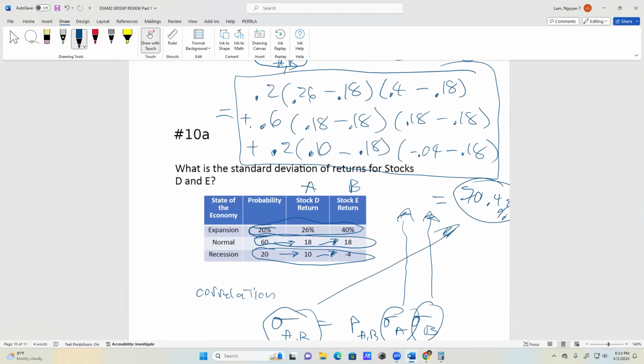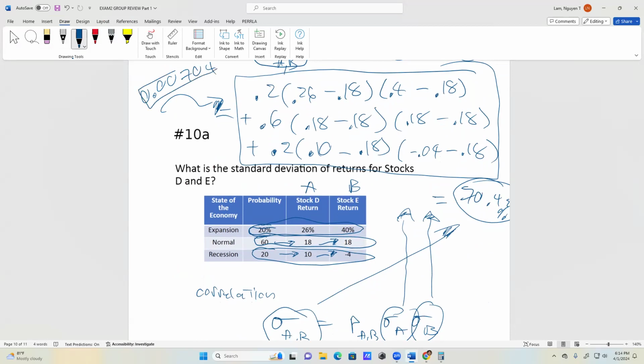If the problem asks you to find the covariance, that's this step we do. The result of it is 0.00704.